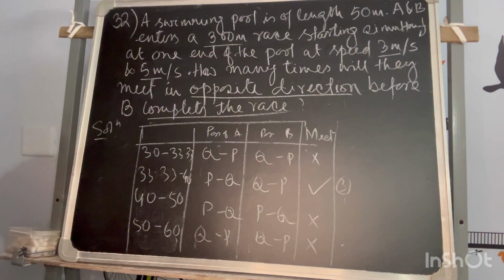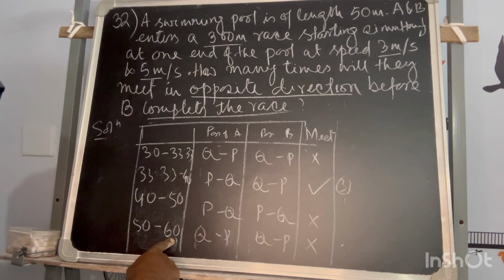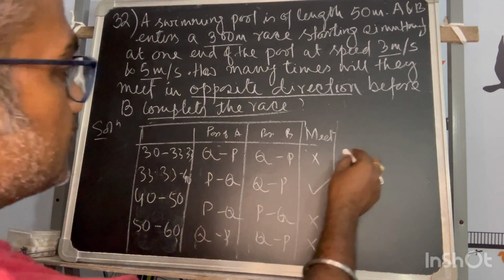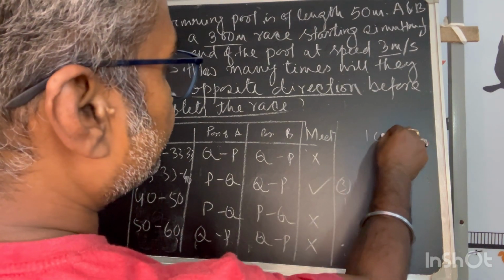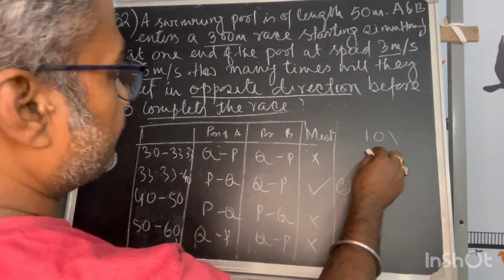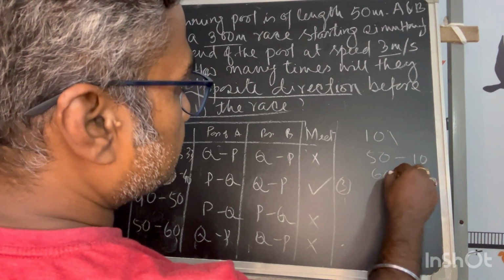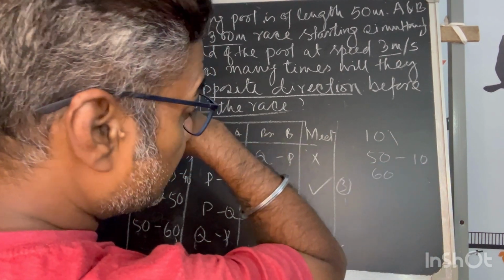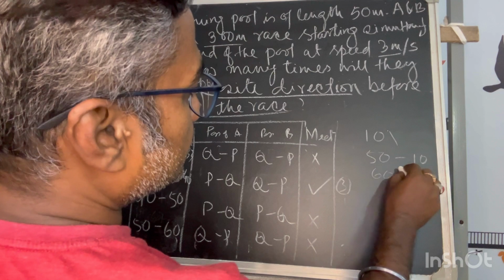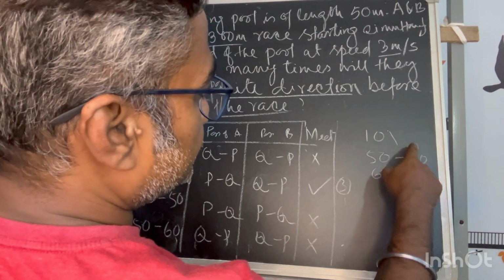Then this is over. So 60 means how many terms has he moved? In 60 seconds, moving 50 meters in 10 seconds, how much will he move? 300 meters he has already moved. In 10 seconds 1 lap.